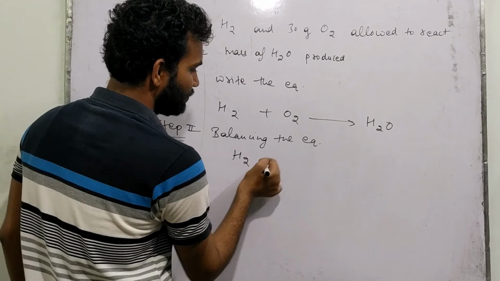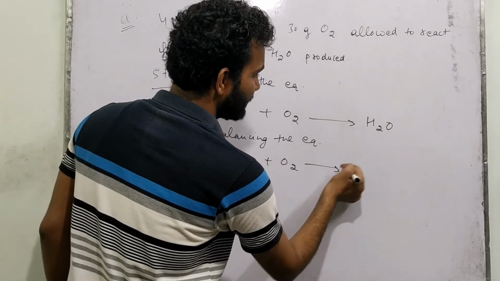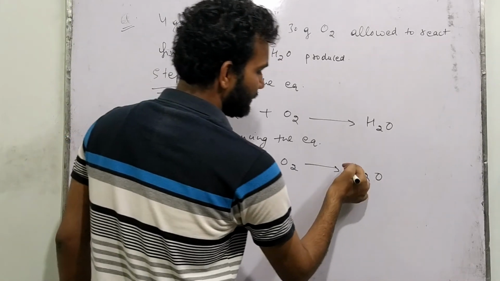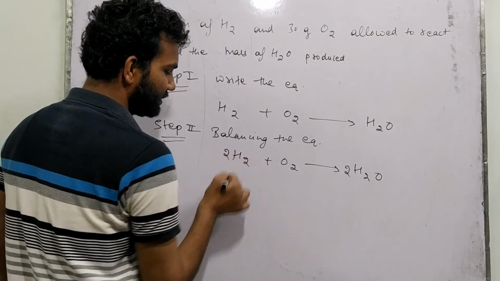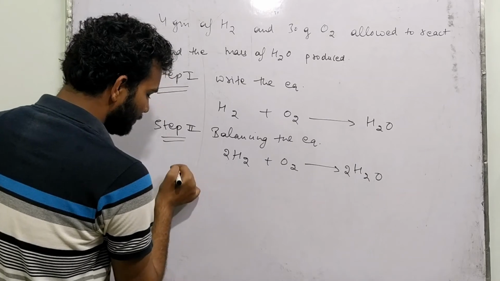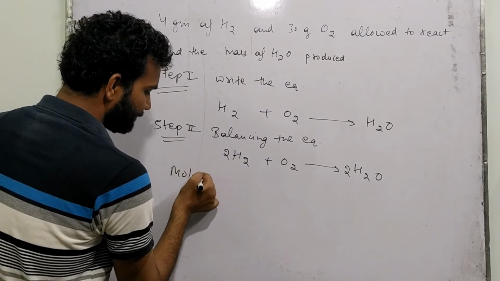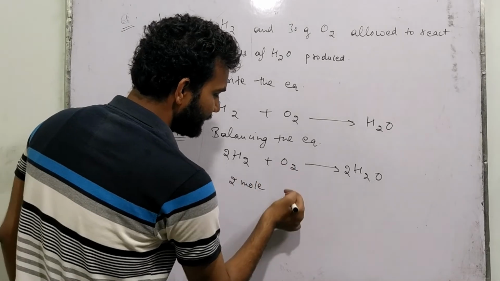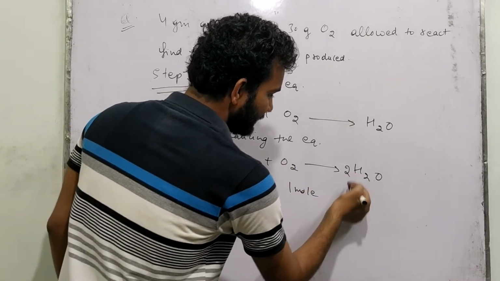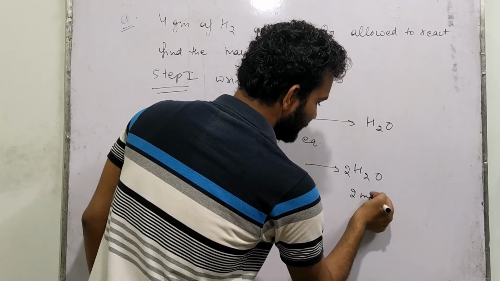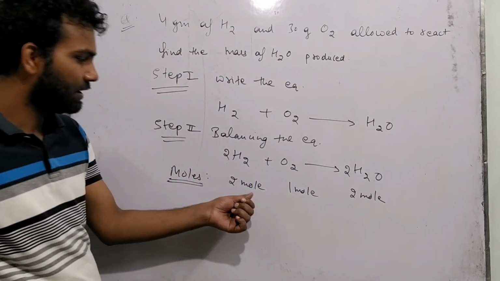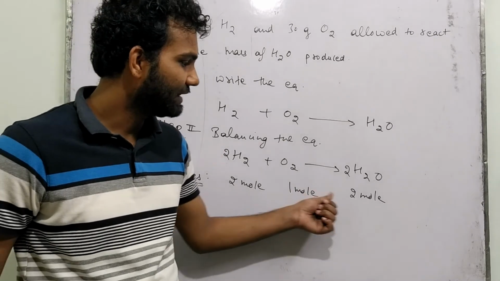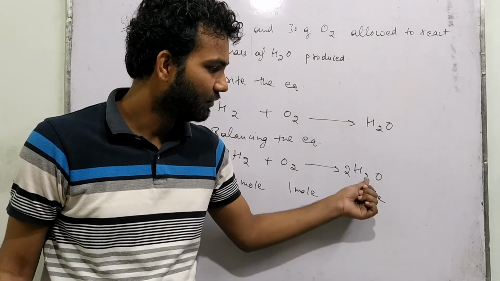That is H2 plus O2 arrow mark H2O. So here 2 oxygen, here 1 oxygen, we will write here 2. So you can write in terms of moles, that is 2 mole, 1 mole and 2 mole. It means 2 mole of hydrogen reacting with 1 mole of oxygen and they give 2 mole of water.